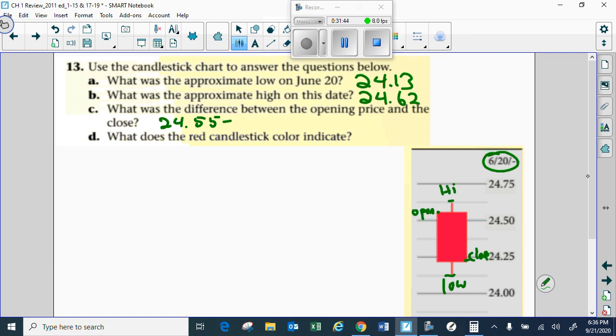Okay, so that's 25, let's say, and then this is 12, so about 24.20. Subtract that, and that's about 35 cents. Okay, you write 0.35 with a dollar sign, or 35 cents right there.